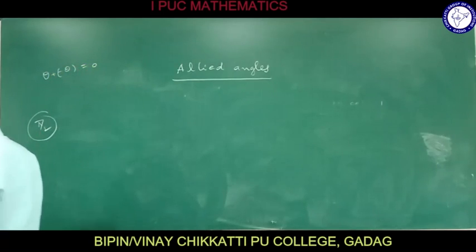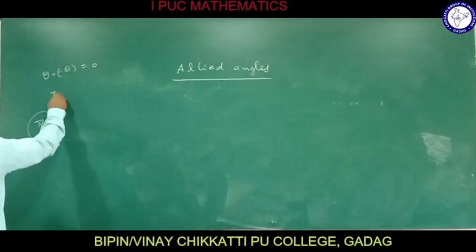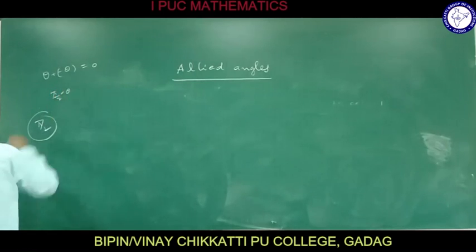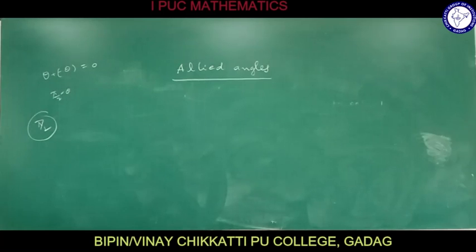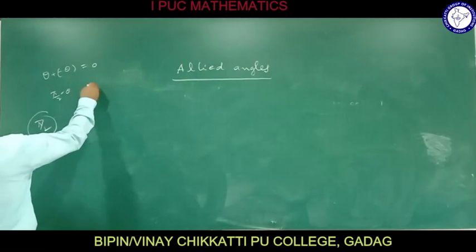Similarly, if I go for one more example in terms of allied angles, I am going to discuss here pi by 2 minus theta. And this is allied to what? Theta only. Allied to theta.